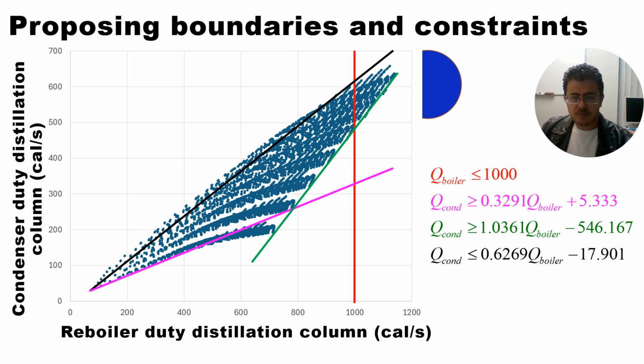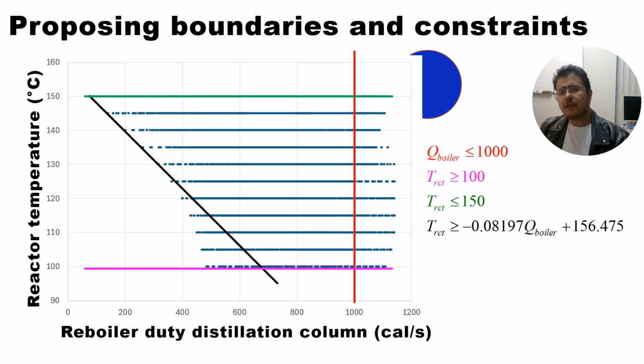This is the equation produced for this feasible region, but if we consider other feasible regions, we can obtain different equations between the process variables and the decision variables.